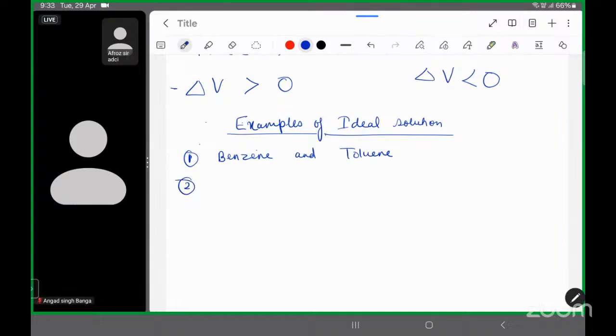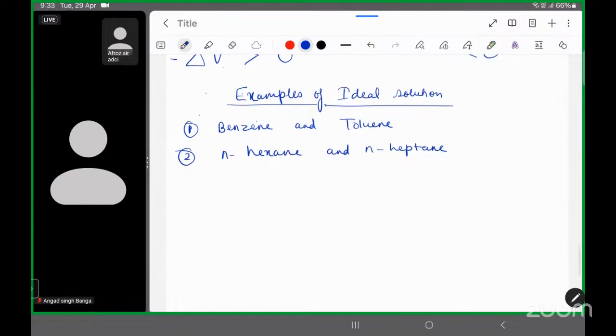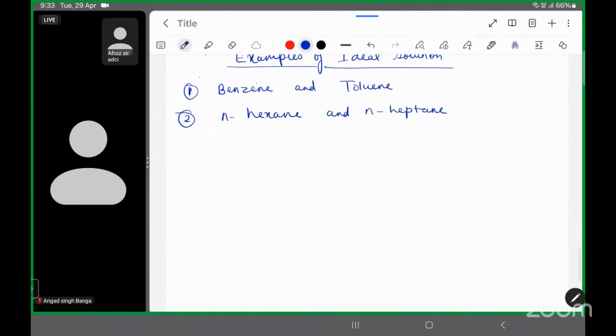Next is n-hexane and n-heptane. Both have almost the same size, same polarity, same structure. Third, bromobenzene and chlorobenzene.